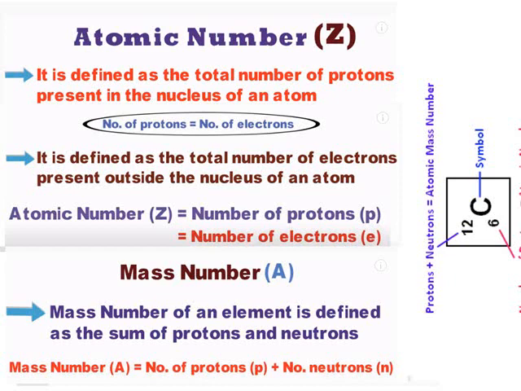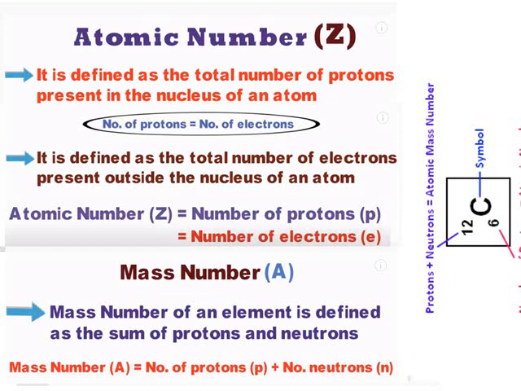But in an atom, electrons have a tendency to gain or lose. If 10 electrons are there, in a chemical reaction 2 electrons may be gained or lost. So the number of electrons is not fixed in an atom, whereas protons do not transfer from one to another. That's why atomic number has this definition. It is defined as the total number of protons present in the nucleus.